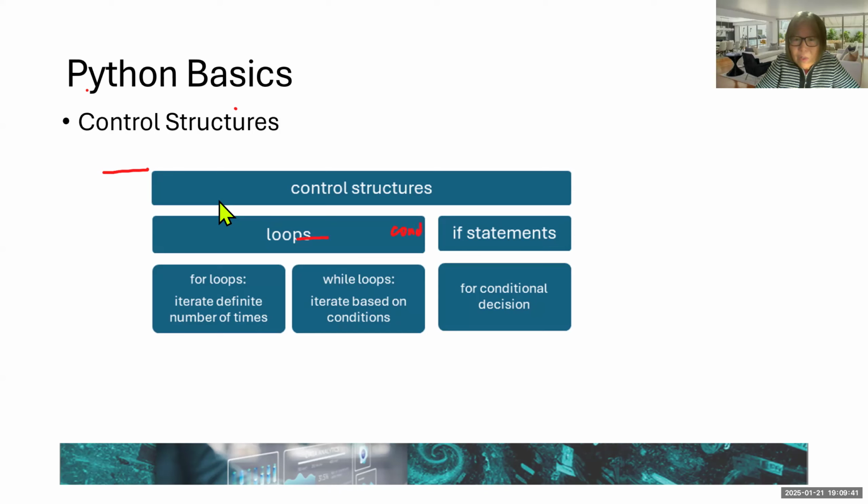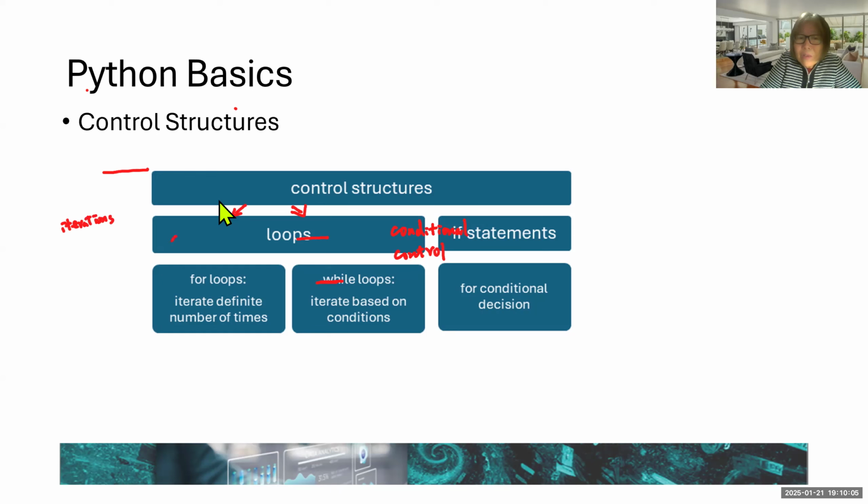So this is conditional control structure. Okay, decision-making. So this is one type. The second type is loop. So loop is for iterations.